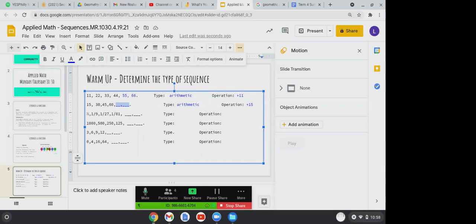You all don't have to leave her hanging out there by herself. You can jump in. We understand that we are adding 15, which makes it an arithmetic sequence, and we are sitting on 60. What are the next two terms of the sequence? 75 and then 90, I think. Thank you, ma'am.